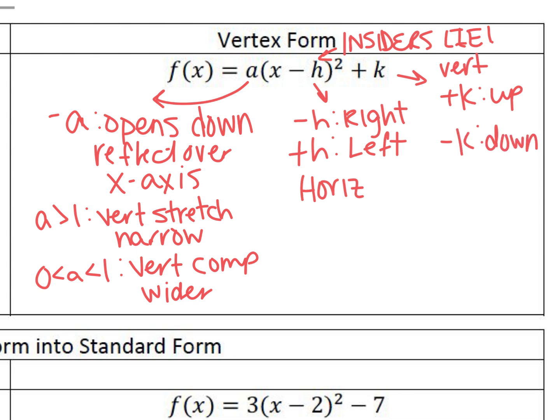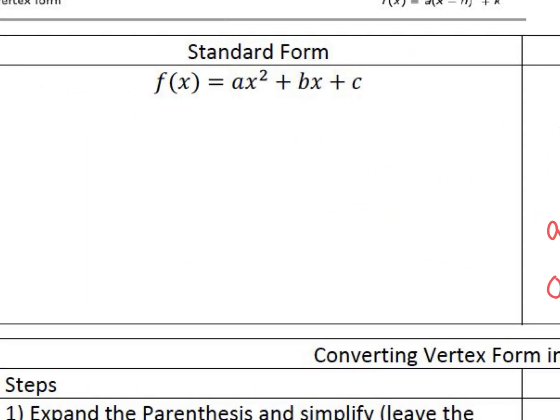So when we talk about the standard form, some of these letters do some other things for us. It's got the A, so the A is going to be the same as the A in vertex form, right? Negative is going to open down. We can just essentially write what we did a minute ago.